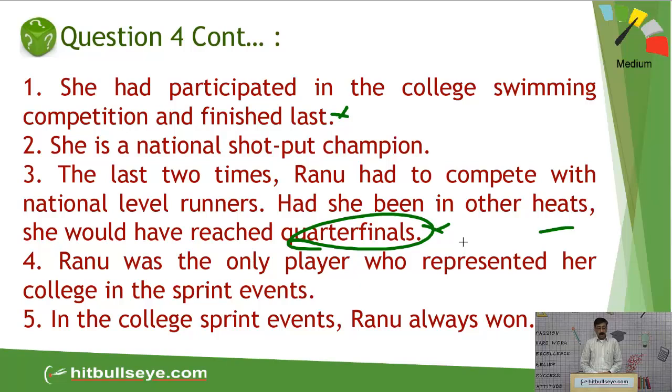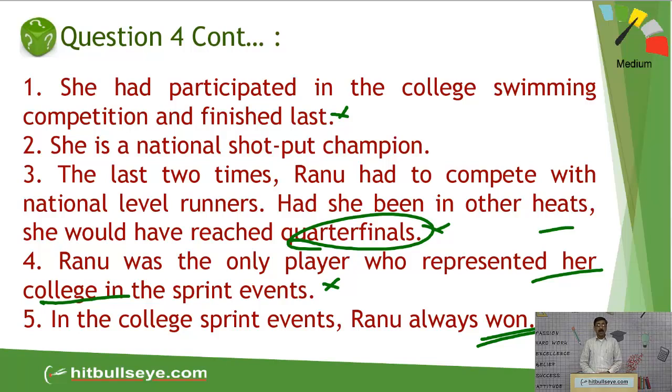Ranu was the only player who represented her college: just representation would not ensure the athlete is fine or not, therefore rejected. In the college sprint events, Ranu always won. We don't know which position she got, first, second, third, or probably first 5, first 10, etc. It seems very close, but if you have a better choice than this, which will hit the assumption that recent performances should be counted to evaluate any athlete, that will be our answer. And this is option number 2.